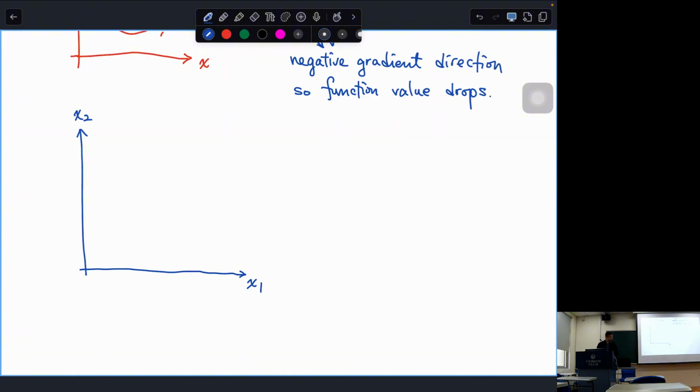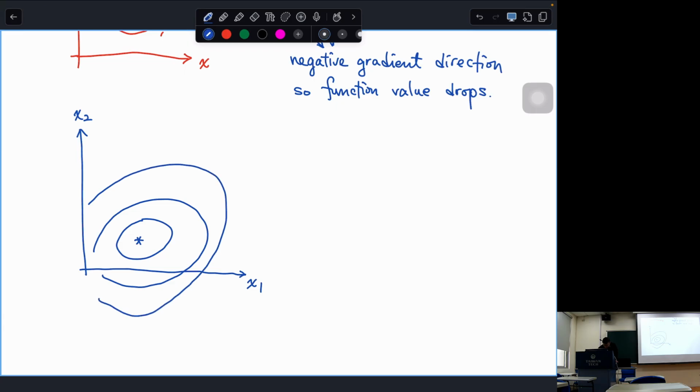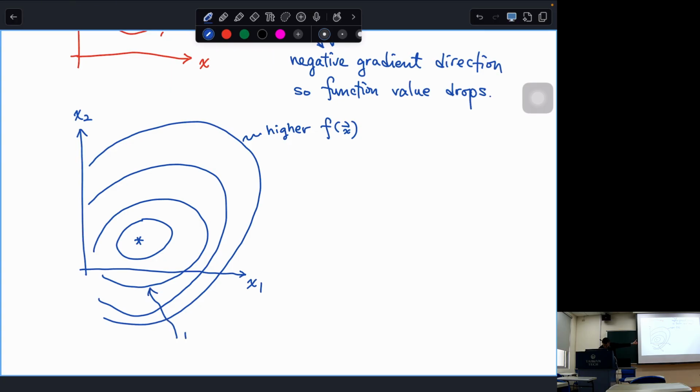Now I want to make a hand drawing of a specific problem like this, and let's say my optimal solution is right there, and my objective function contour looks like this. Here is higher f, and here would be lower.